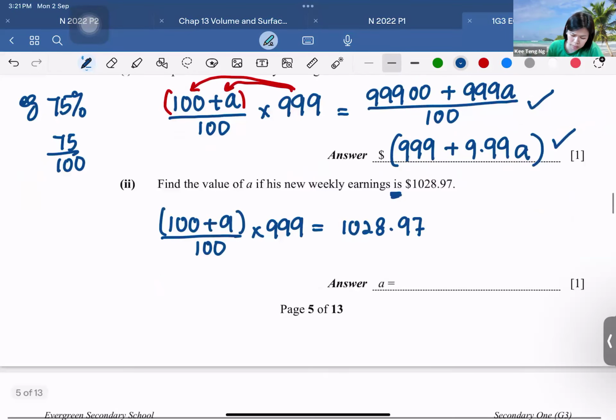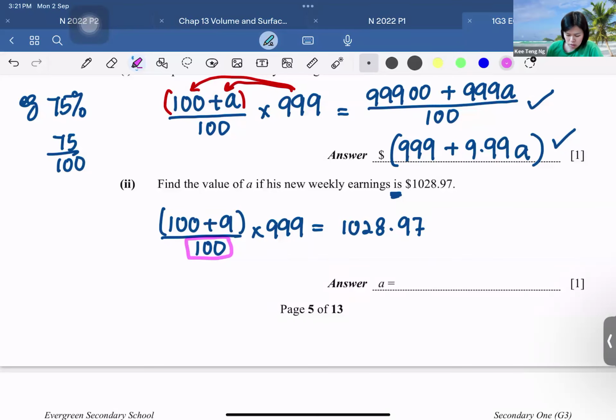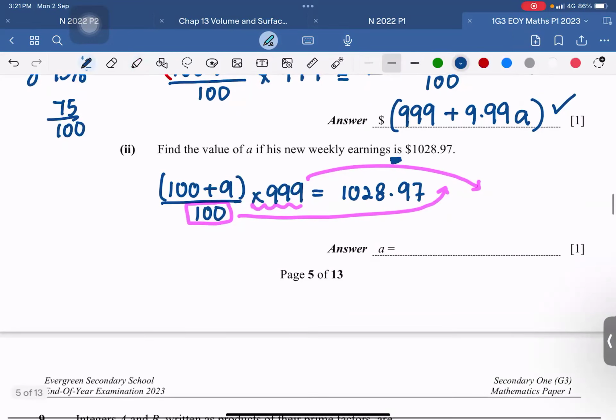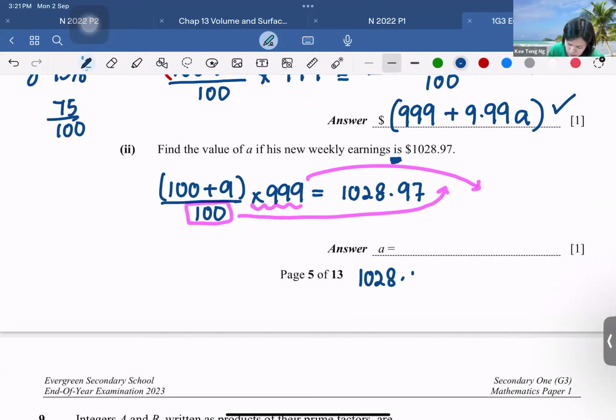Firstly, I don't like my denominator 100. What can I do? Move it to the other side. Then it becomes times 100. So 1028.97 times 100.